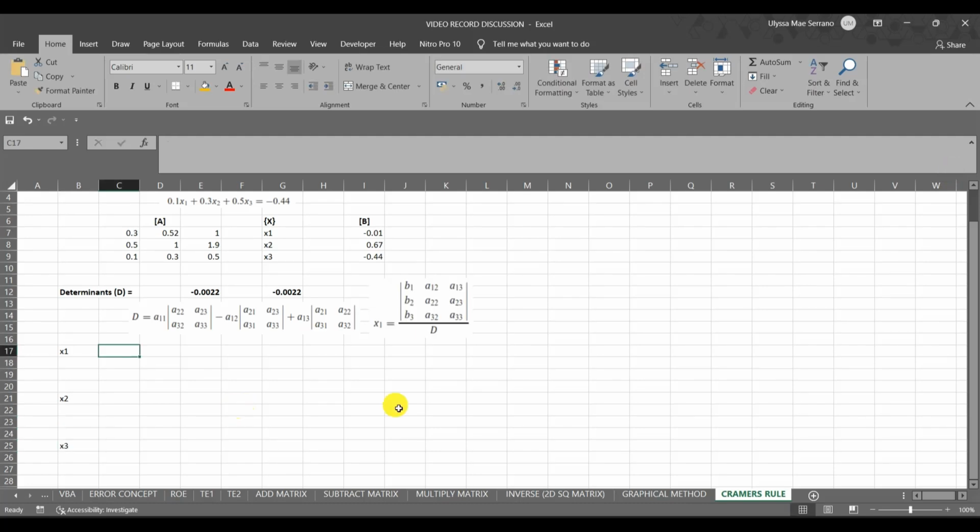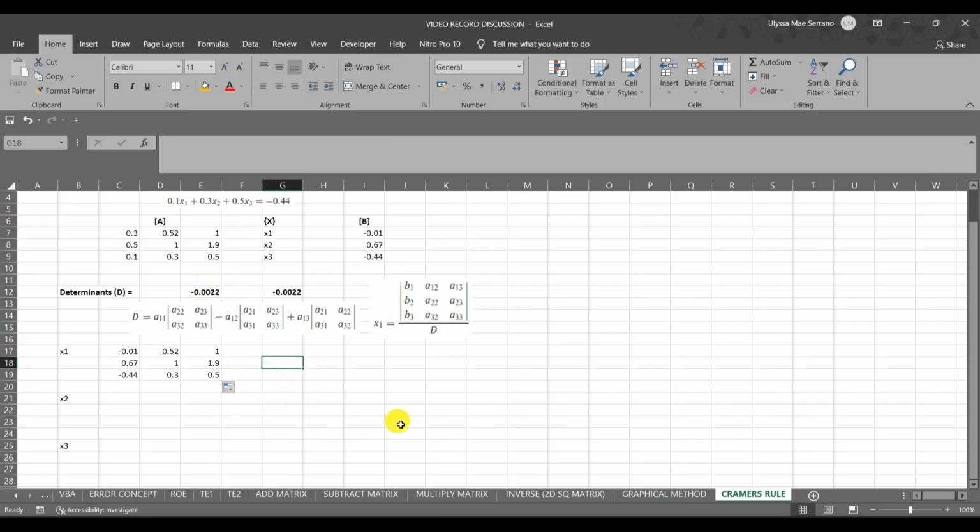For x sub 1, instead of the values A11, A21, and A31, we're going to use the values of B1, B2, and B3. And these are the data that we're going to use for the numerator, and we already have the denominator.